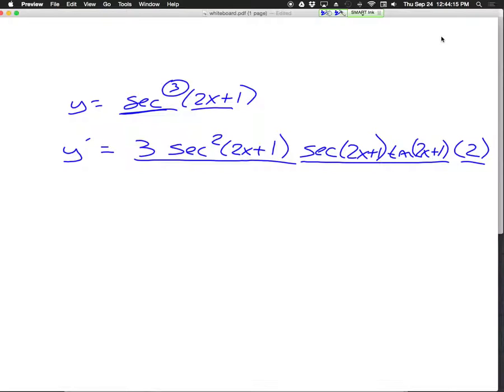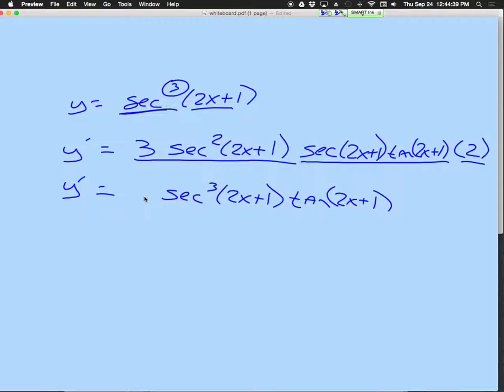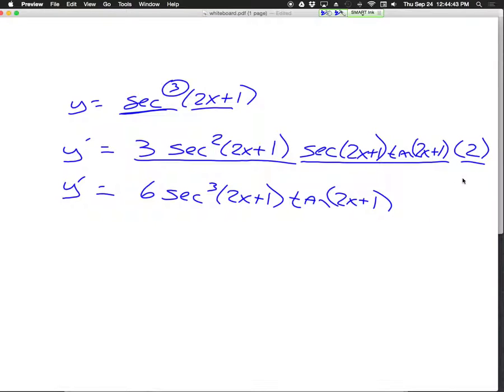So if I clean it up, 3 secant cubed of 2x plus 1 tangent of 2x plus 1, times 2, which is 6. So there's my derivative.